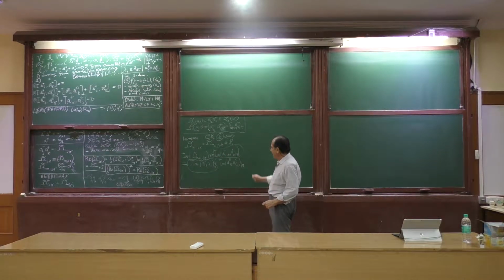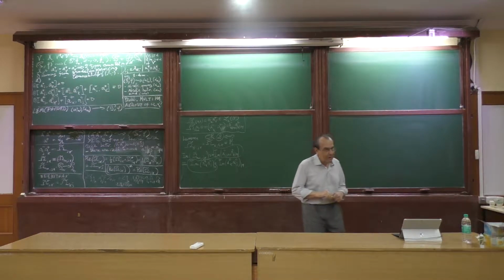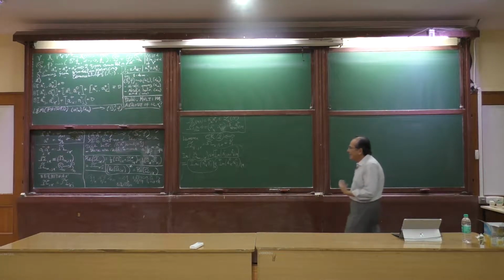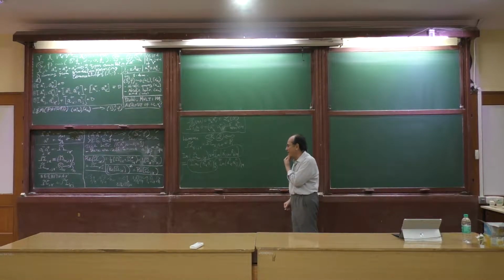You see, on the left-hand side, I have the combination minus plus. On the right-hand side, I have the combination plus minus. Now, why is this important?